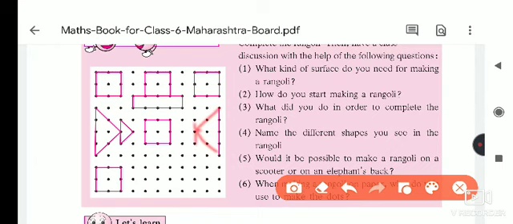Then you will see that we are drawing the rangoli in this way. After that we have to take these three dots. This is the square and this is the rectangle, and this square we are drawing here. In this way we have to complete it. We studied these questions, but they were not seen in yesterday's lecture. So this is completed.